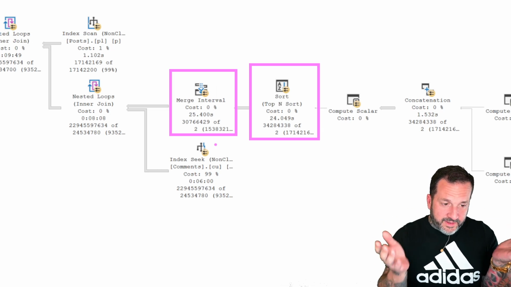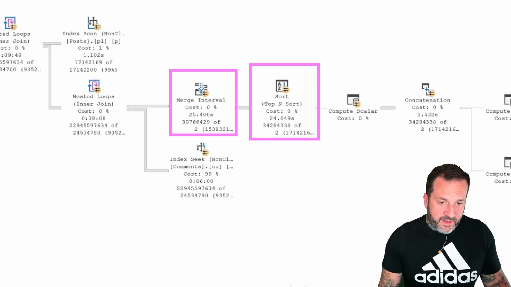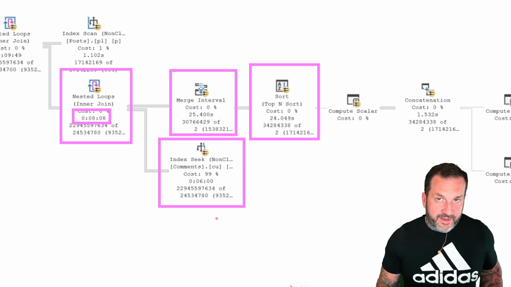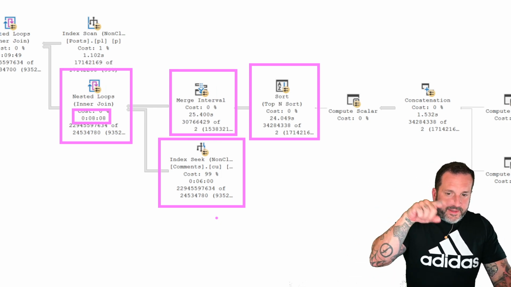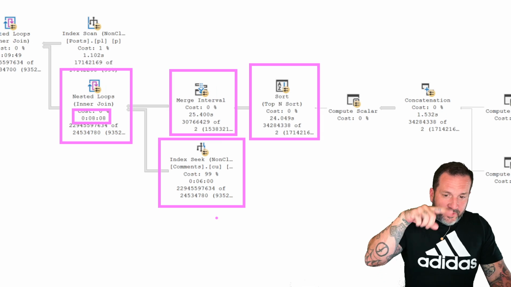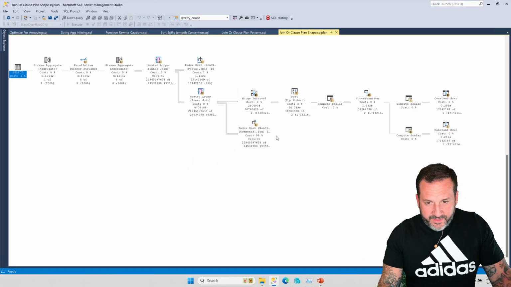And perhaps, right, because that would have an impact on this, right? We spend 8 minutes, so this goes from 25 seconds to 8 minutes, and we know we spent 6 of those minutes seeking into the comments table down here, right? So all in that nested loops join, that's an 8-digit number of nested loops. That's 30766 and so on.